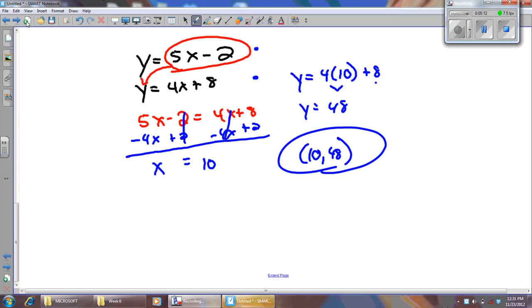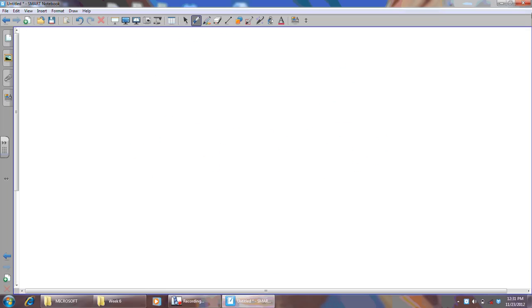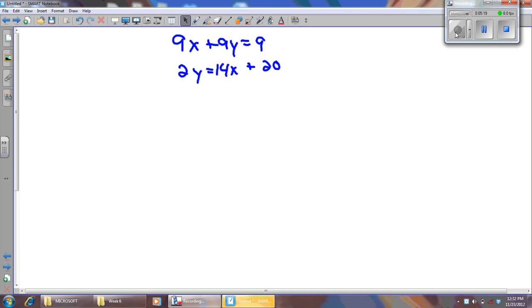Okay, now, what do you suppose you do in this situation? Here we don't know what y equals. We have a couple choices. We are going to pick one of the equations and solve for one of the variables. You could solve for x in the first equation, y in the first equation, y in the second equation, or x in the second equation.